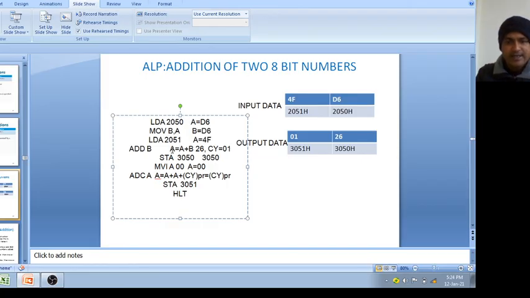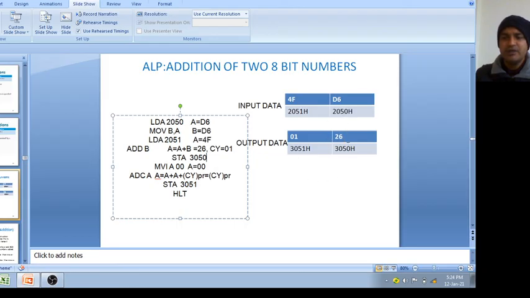A equal to A plus B. It means 26, but carry is generated, so the value of CY will be 1. Now STA 3050 is a data transfer instruction, so it will not affect the value of carry flag. So contents of 3050 will be this 26.